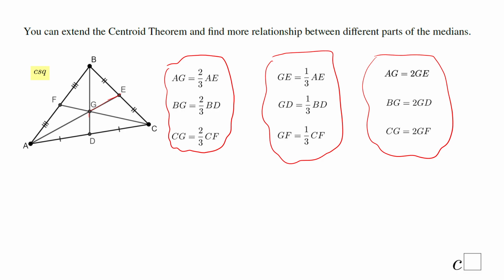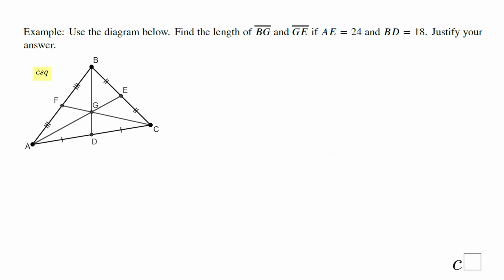Let's see this example where you have to find the length of BG and GE if AE is 24. AE is 24, that is the median, and BD is 18, that is also the median. So now let's take a look.